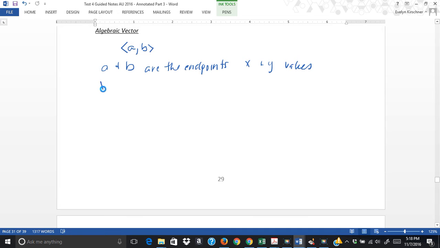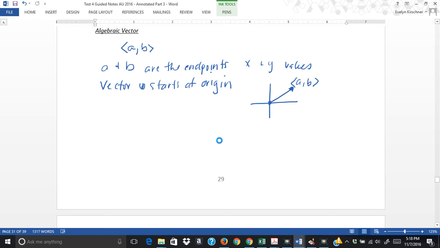The vector has to start at the origin. So whatever the vector is, it goes like this, it ends here, and so this is ⟨A, B⟩.